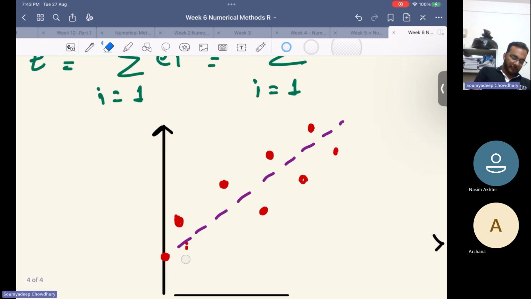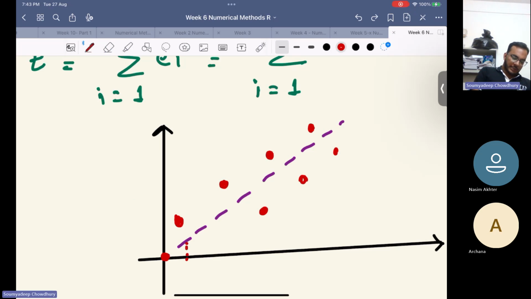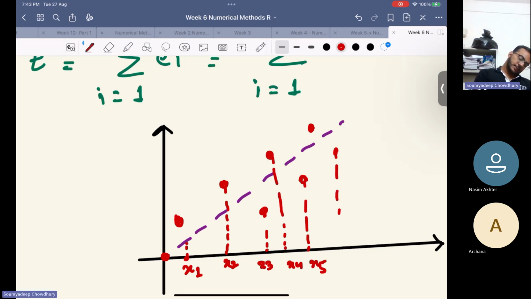So at this point of x, suppose this is x1, say this is your x2, this is your x3, this is your x4, this is x5, this is x7, and this is x6. These are the 7 different sample points you have.